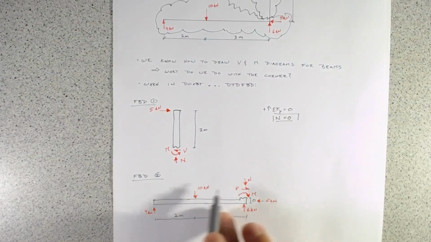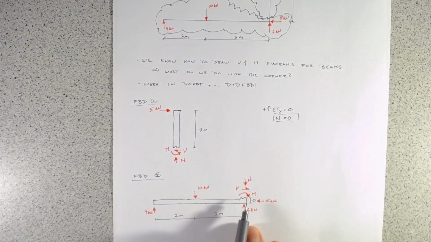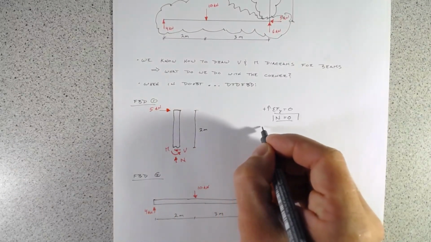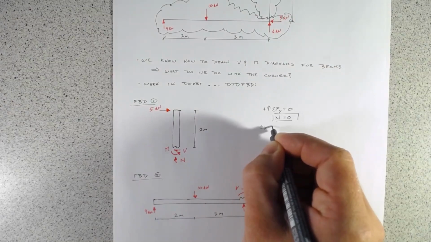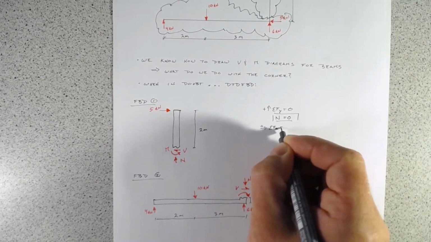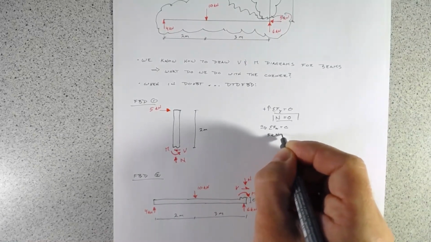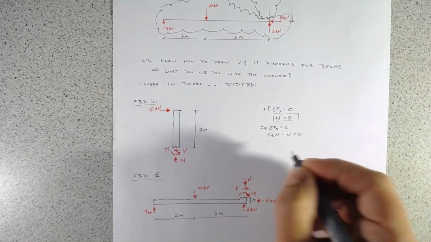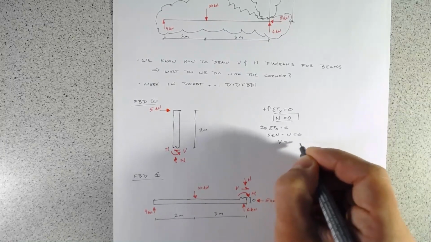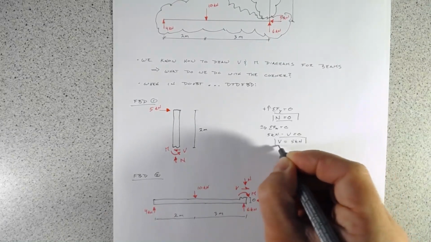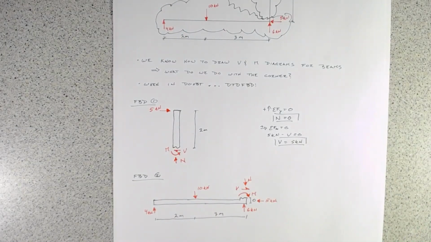When we work out the equations of equilibrium here, you will see that it falls out that way as well. Next we're going to look at the sum of the forces in the x direction. And we have 5 kilonewtons minus V equals 0, so that we get our shear force equals 5 kilonewtons, which is what we would expect.